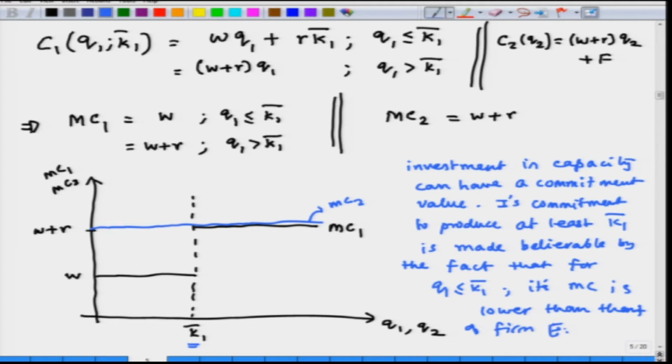So, the fact that the incumbent is investing in that capacity, and that it is committed to investing in this amount of capacity K1 bar, is made believable by the fact that for all these outputs Q1 which is less than K1 bar, its marginal cost is W, which is lower than W plus R. So, that is a very important takeaway from this graph. Okay. So, let us move on.